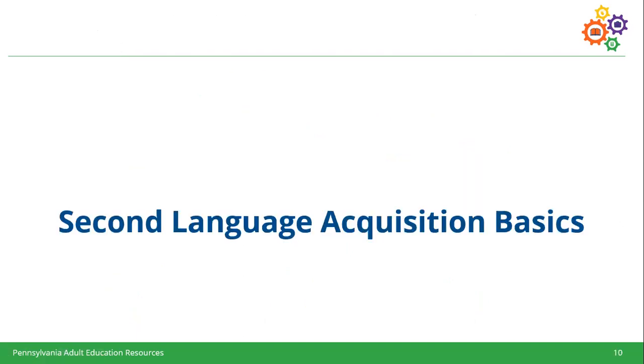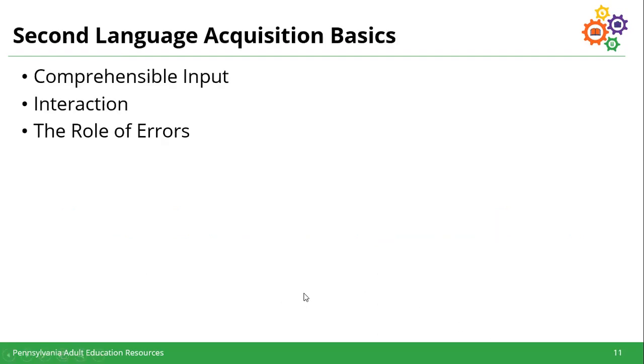Let's discuss some of the second language acquisition basics that will inform how we understand the challenges and needs English language learners might face. Three aspects of language acquisition that may affect learning and understanding include comprehensible input, interaction, and the role of errors.